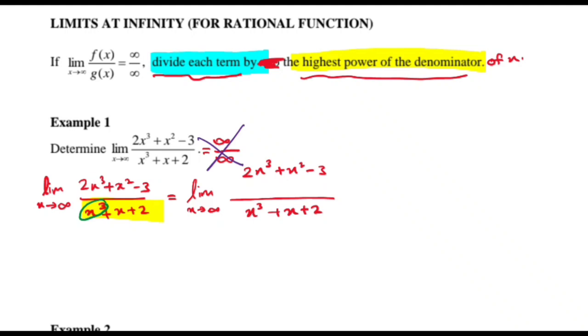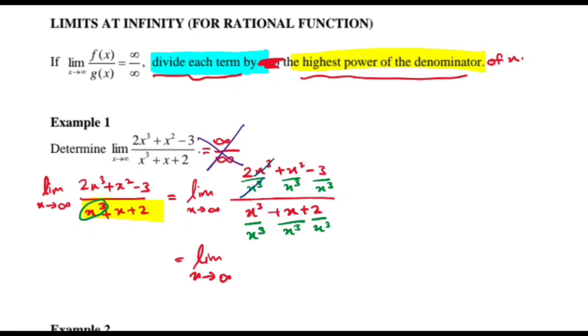Start by writing down the functions at the numerator and also at the denominator. And then divide each term by x power 3, one by one. Next step is to simplify. Now, you see this is x power 3 divided by x power 3, we can cancel this off.